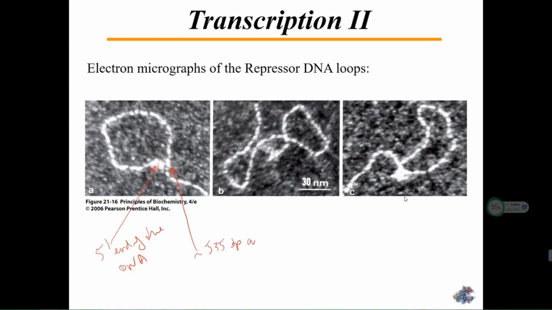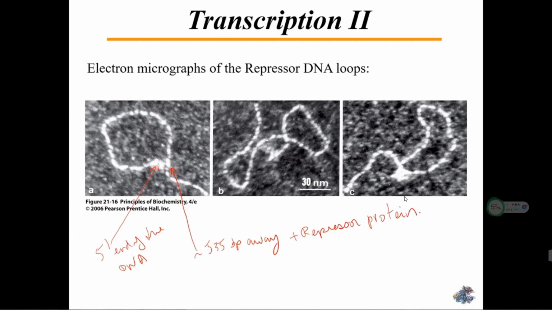You can take these synthetic DNA strands, introduce the sequences for the operator region, one at the 5' end of the DNA and another at about 535 base pairs away, and then add some repressor protein into your experimental assay. Then you can see that looping occurs when a tetrameric structure forms of the repressor, allowing for the two sites to come together.